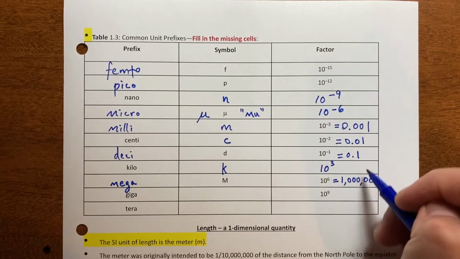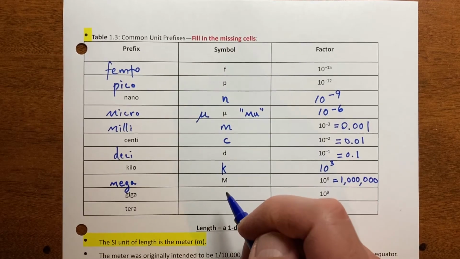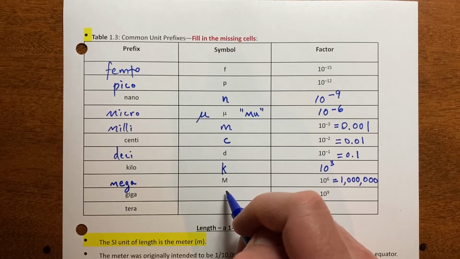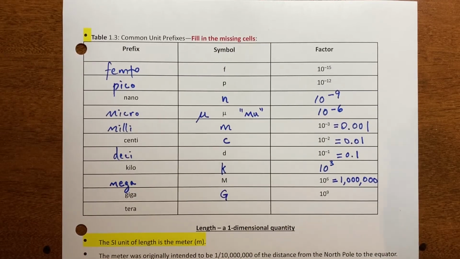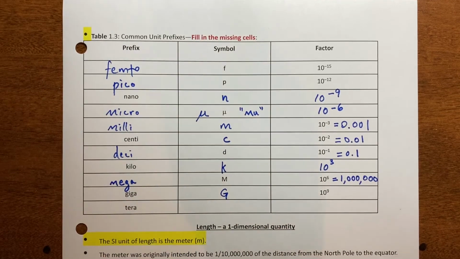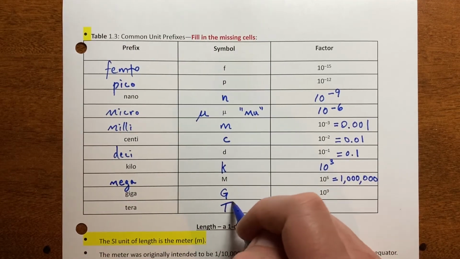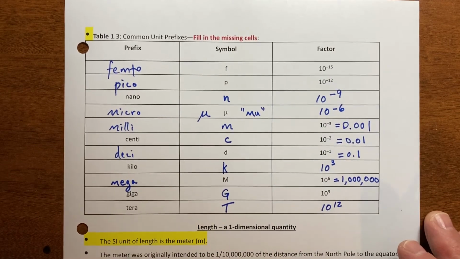Now, if this is review for some of you, just be patient. This is going to be useful. We need to make sure everybody's on board with this. Giga is a capital G. That's a billion of something. And tera, like a terabyte computer, is a capital T, and that's a trillion of anything, 10 to the 12th.